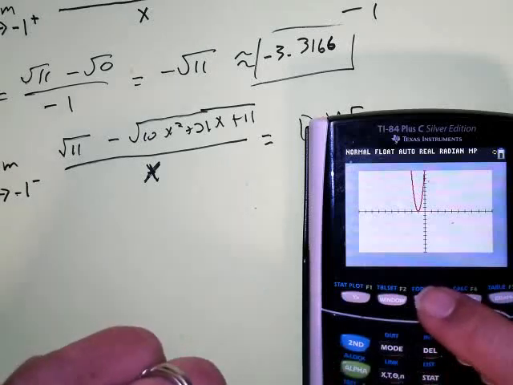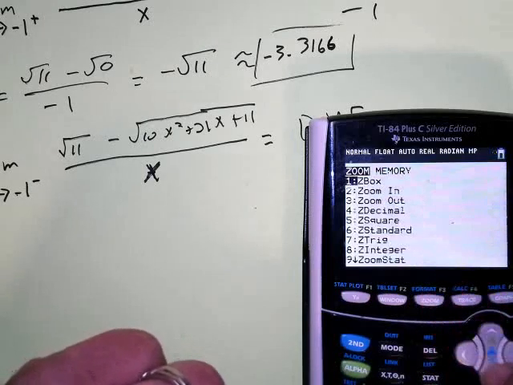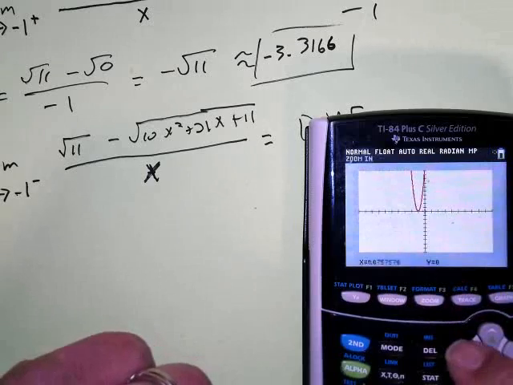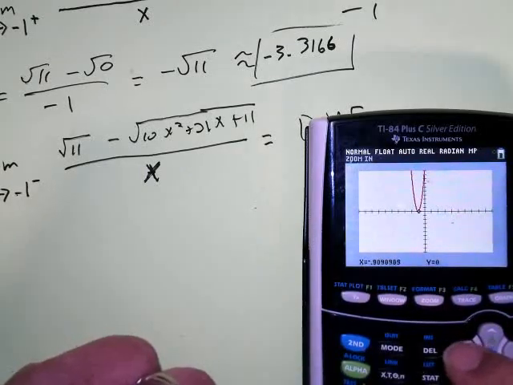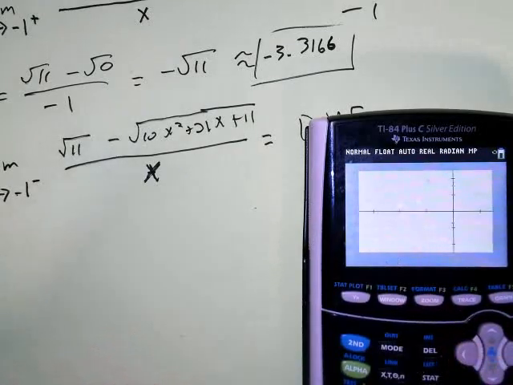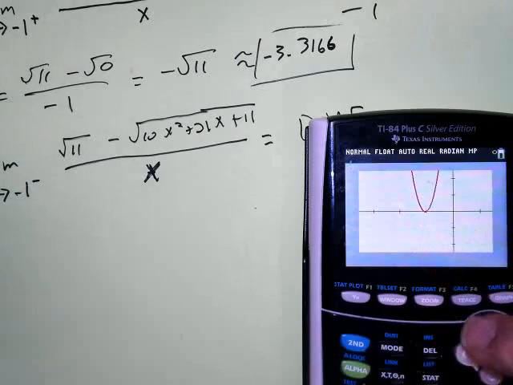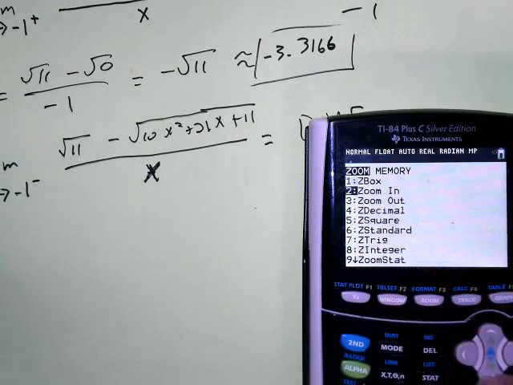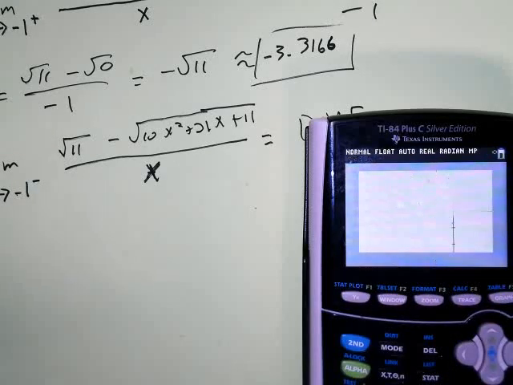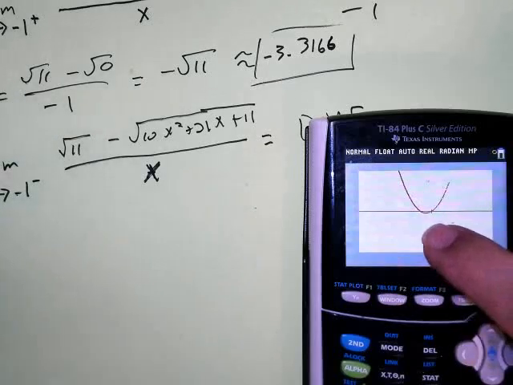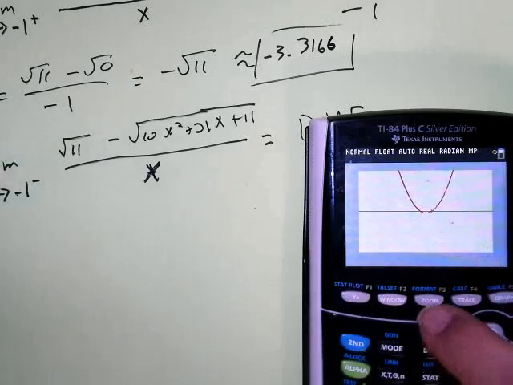And then I'm going to zoom in right there where it crosses the axis. You can kind of see it still looks like it almost just touches. Let me zoom in again. Now we see that it goes under the graph.